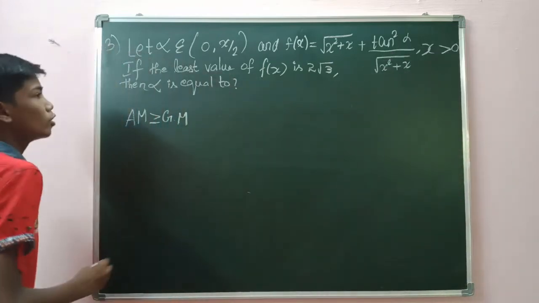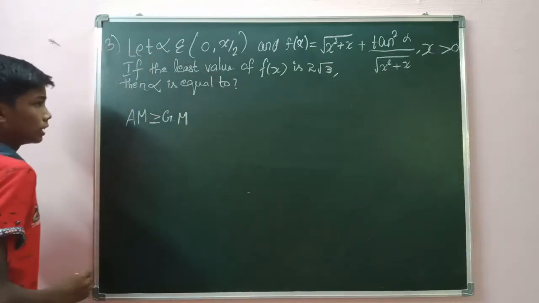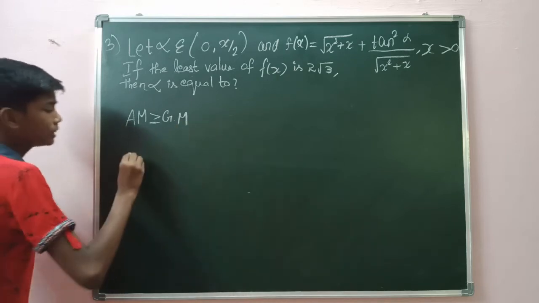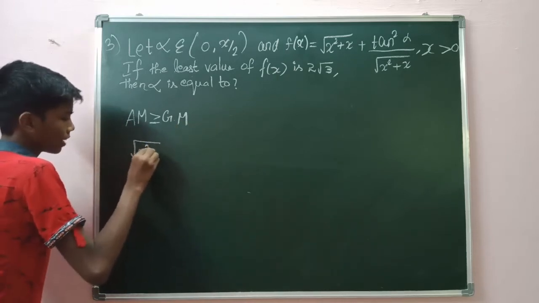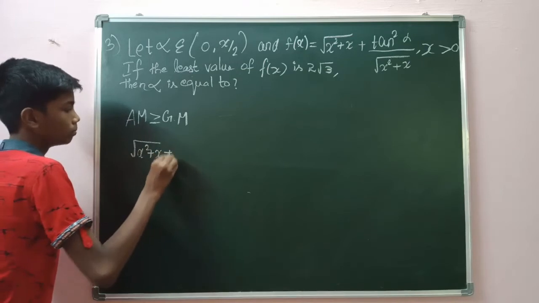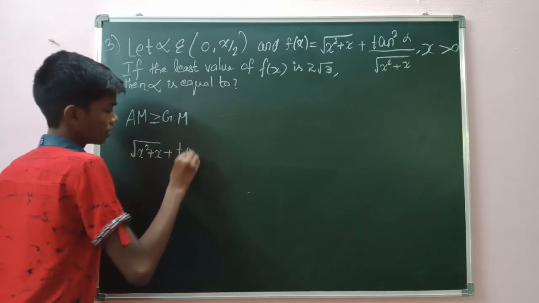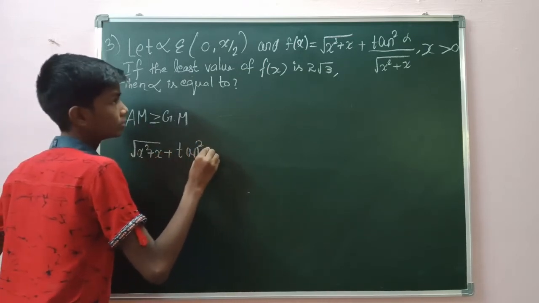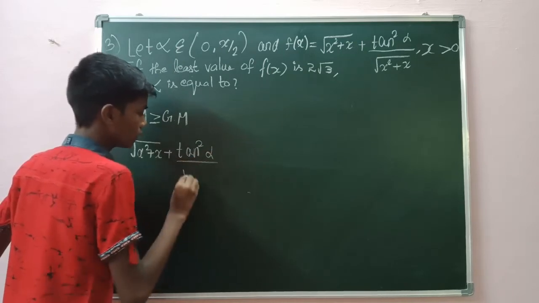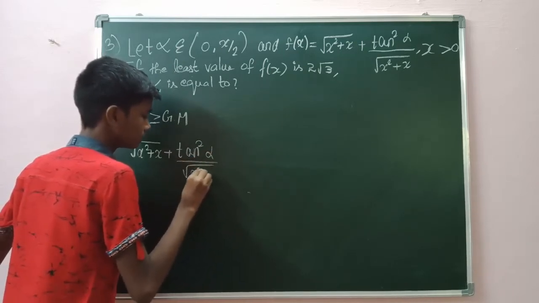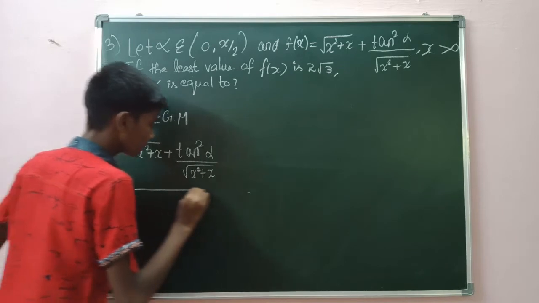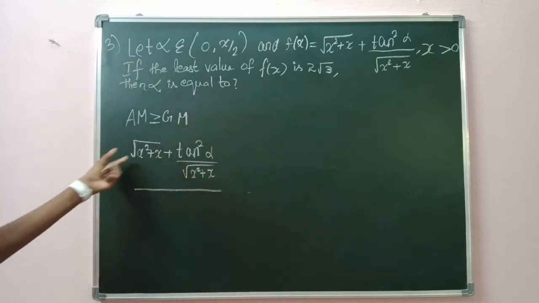Your arithmetic mean will be the sum of these two terms, that is a plus b, which is √(x² + x) + tan²α/√(x² + x), then divided by the total number of terms. How many terms do we have?